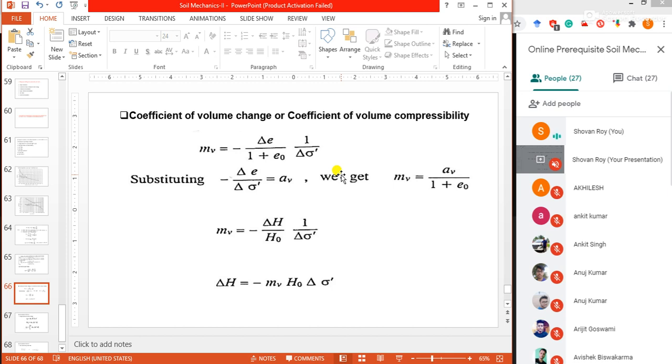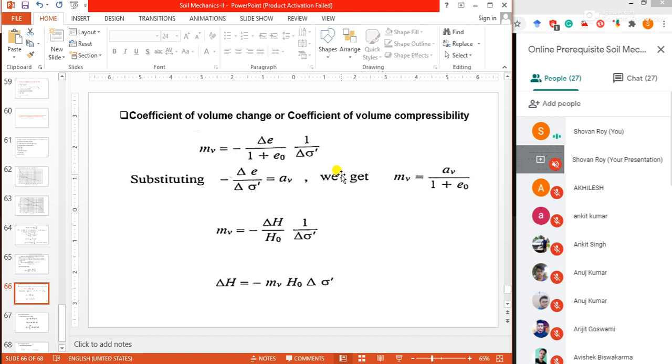We can denote the coefficient of volume change as mv. mv equals minus delta e over (1 plus e0) into 1 over delta sigma dash.